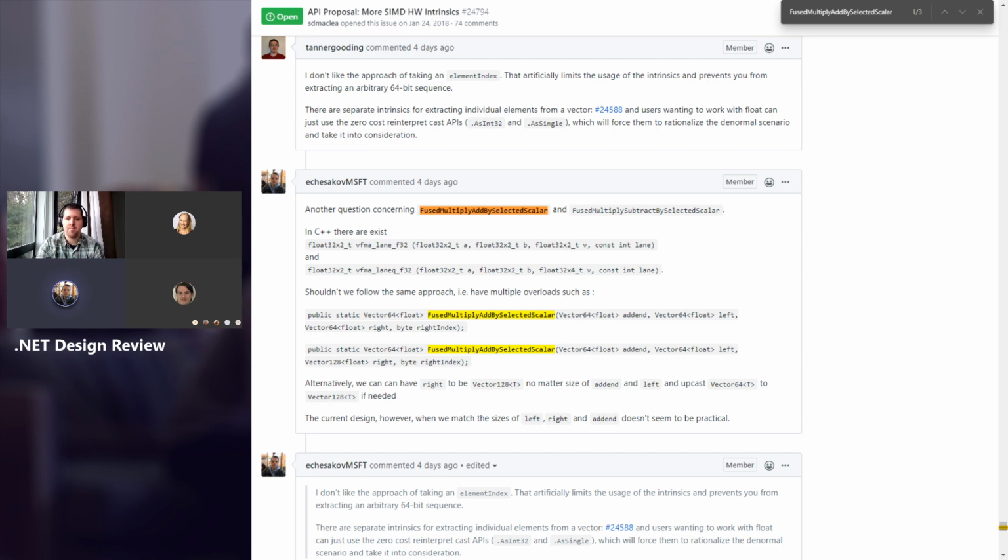Yeah, and that particular pattern will repeat itself quite often for a lot of the by element instructions. So I guess we would need all these overloads. Yeah, so for all the APIs that are by element that also allow the selected element vector to be 128 or 64-bit independently of the other operands, we should have a separate overload.